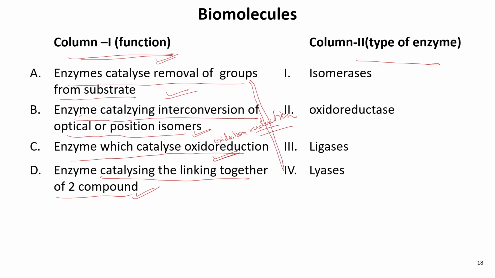Enzyme catalyzing interconversion of optical or the positional isomers. This is very simple. Isomerase enzyme. Okay. Enzyme which catalyze the oxidoreduction, oxidoreductase enzyme. An enzyme catalyzing the linking together of two compounds, the compounds are linked together by the enzyme ligases. So very simple.